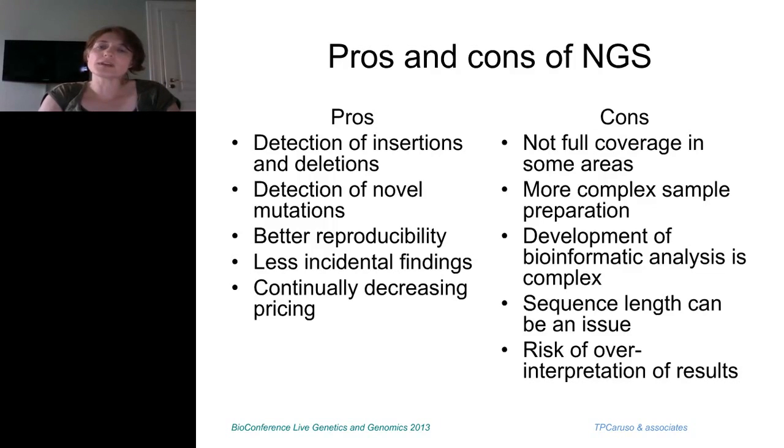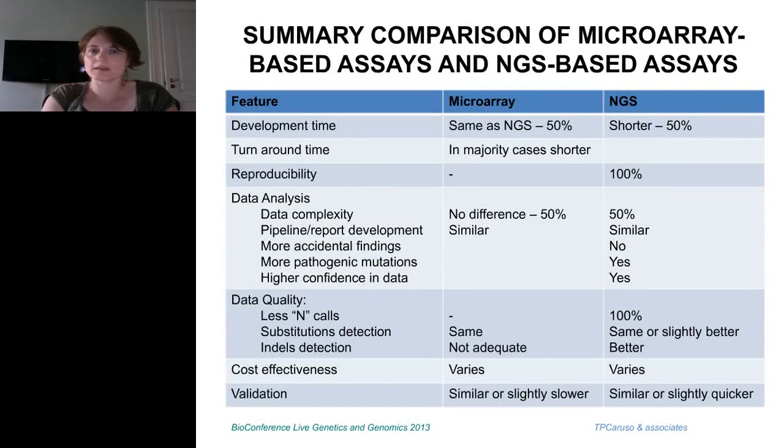The other problem is in analysis, the risk of overinterpretation, especially with variants of unknown significance. So just to summarize, I did take time to talk to people that actually used microarray-based assays and then transitioned some of them to next generation or developed new next generation assays. And basically, a few points.